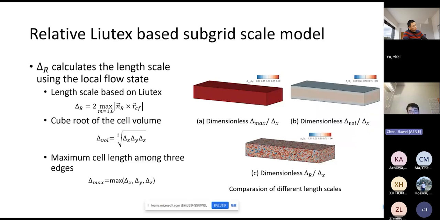But in contrast, the other length scales like maximum cell length and the cube root of volume are more uniform and don't respond as dynamically to local flow conditions. And this adaptive behavior is one of the key advantages of our approach. The model can automatically adjust to local turbulent characteristics.